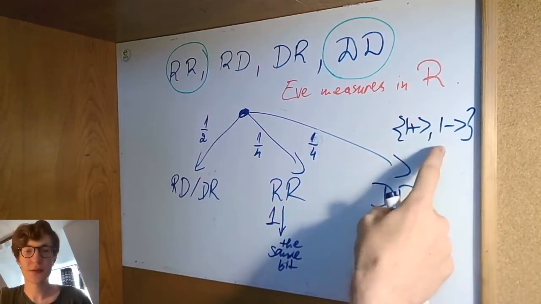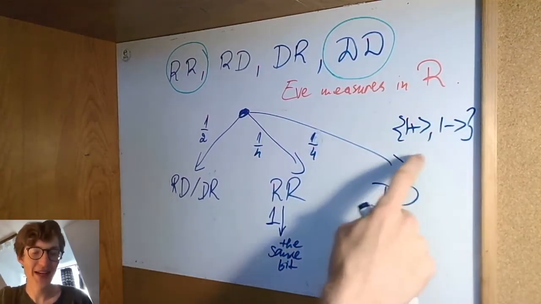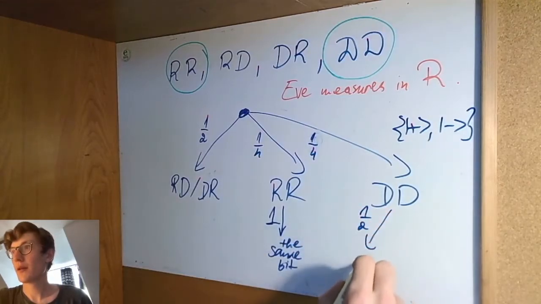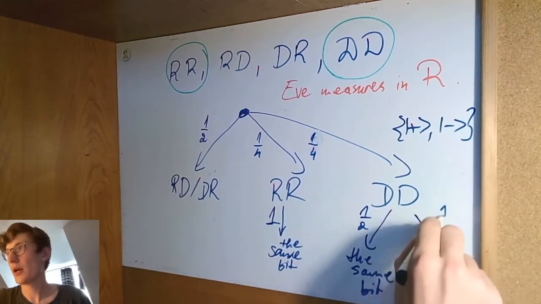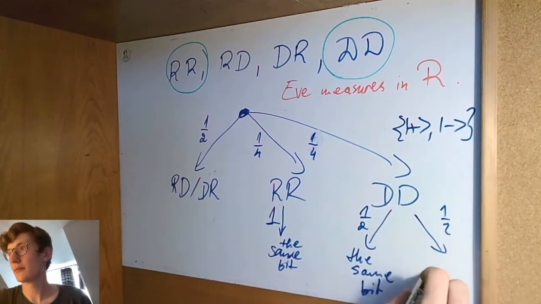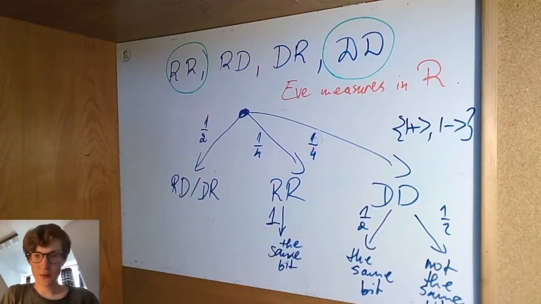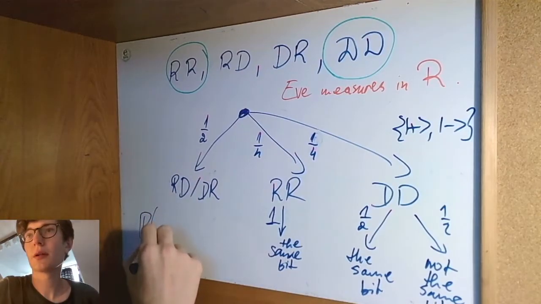It still gives equal chances to get plus or minus in Bob's measurement, right? So it's 1/2 that we get the same bit as Alice, and 1/2 that we get a different bit. Yeah. So we now can compute this probability of having the same bit, right?